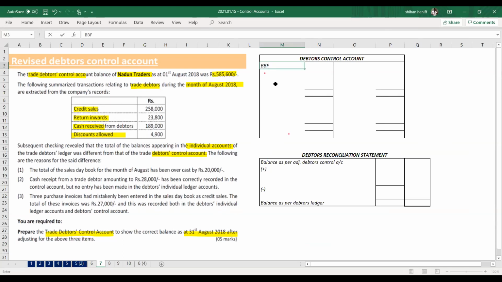Opening balance, 1st of August, was 585,600. Can you all calculate the closing balance and tell me how much is the closing balance before correcting the errors?